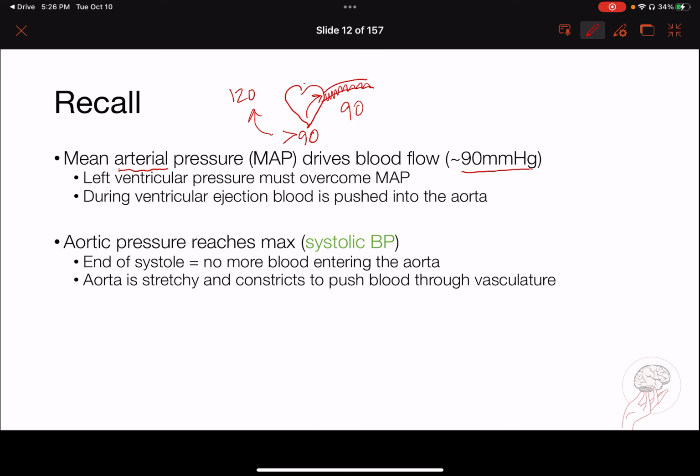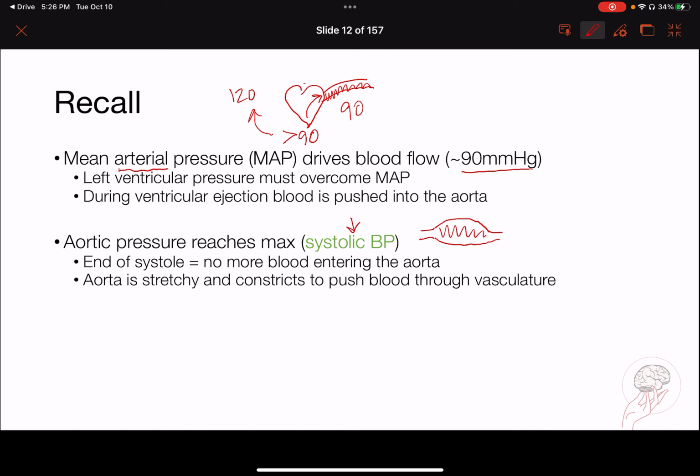Aortic pressure reaches its max, and that is our systolic blood pressure. So at the end of systole, no more blood is entering the aorta. Then the aorta, because it's stretchy, constricts. You can think of it as filling up with a bunch of blood.